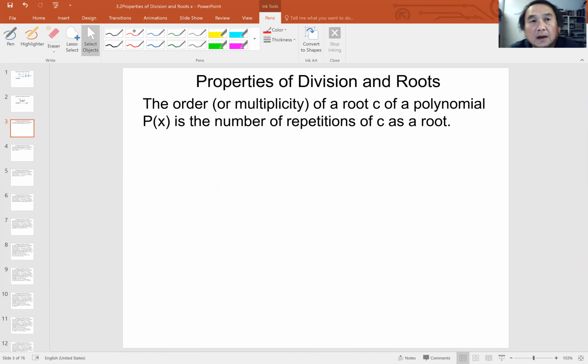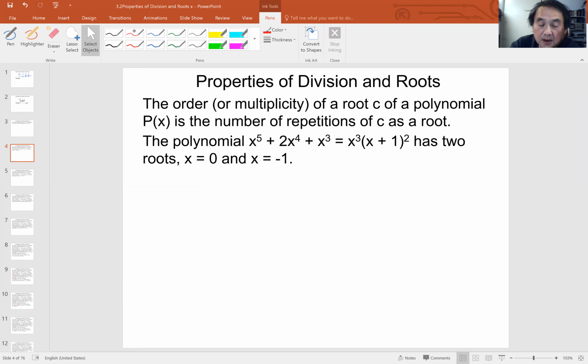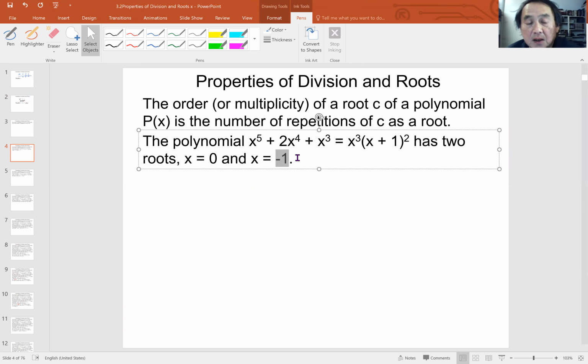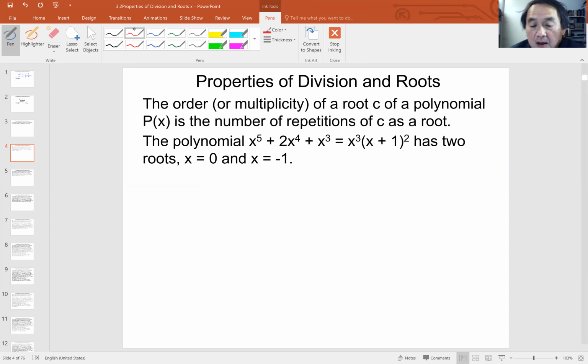Okay, now let's recall factoring and the multiplicity, or the order, of roots. Suppose here I have a formula of factors on the right-hand side, and obviously it has two roots. These are 0 and -1. These are the two numbers you plug in to get 0, the roots.